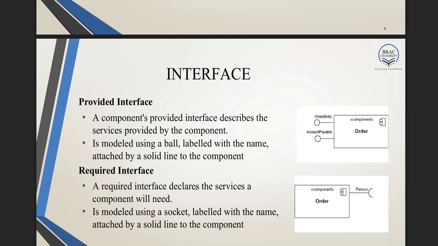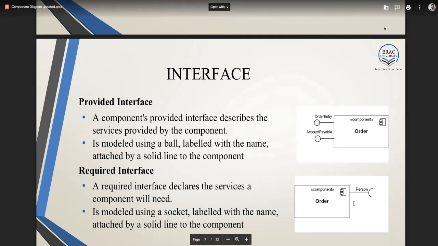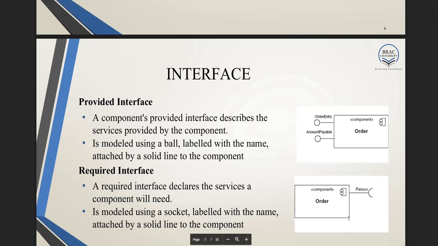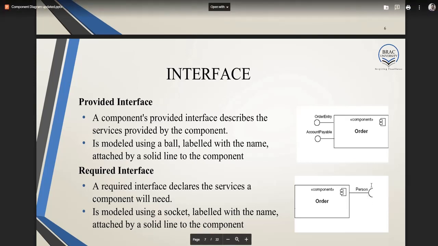The required interface tells other components to provide this type of operations, so that it can complete the implementation of these operations. Over here we can see that the order component requires a person interface in order to fully implement the functionality of the order component.